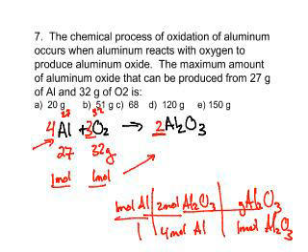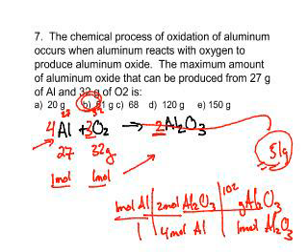And the atomic mass of aluminum oxide is 102, and this comes out to be 51 grams. So 51 grams, letter B, is the correct answer.